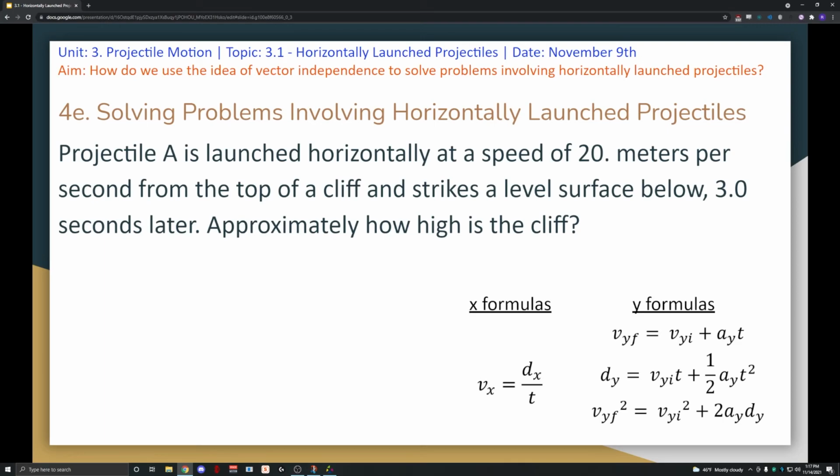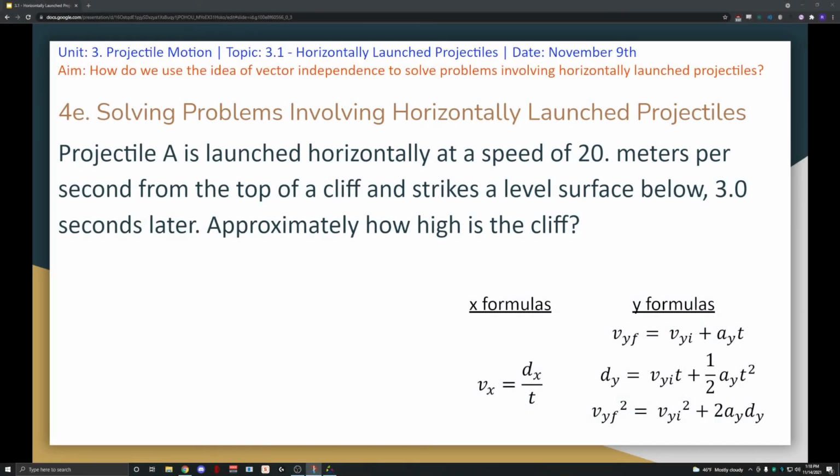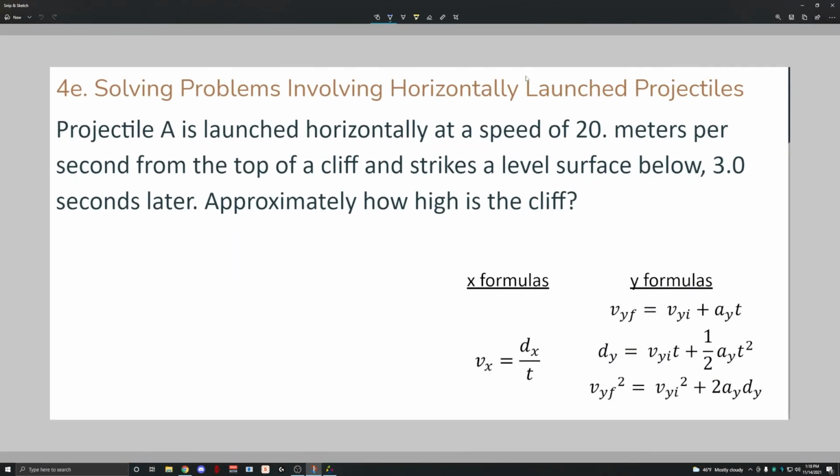And the 5th question is just something you can do yourself. I'll just solve it with you guys. I won't explain it. Actually, I will explain it. So, a projectile is launched horizontally at a speed of 20 meters per second. So you can say that my velocity in the x direction is 20 meters per second.